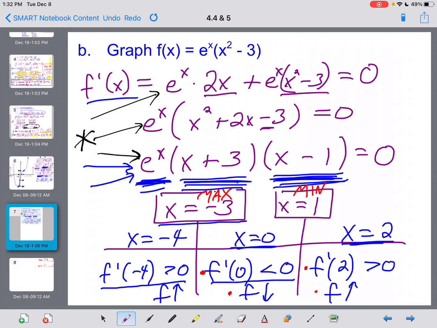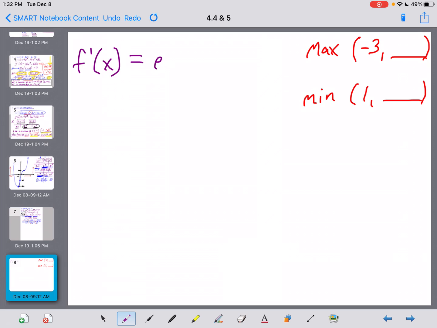Anyway, back to this. So I'm going to rewrite just this second version of the first derivative, e to the x times x squared plus 2x minus 3. Here we go, e to the x times x squared plus 2x minus 3.